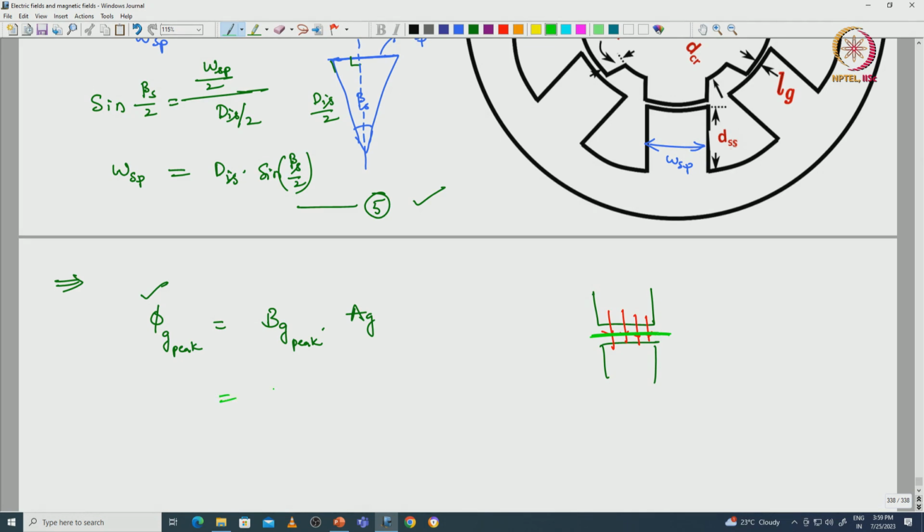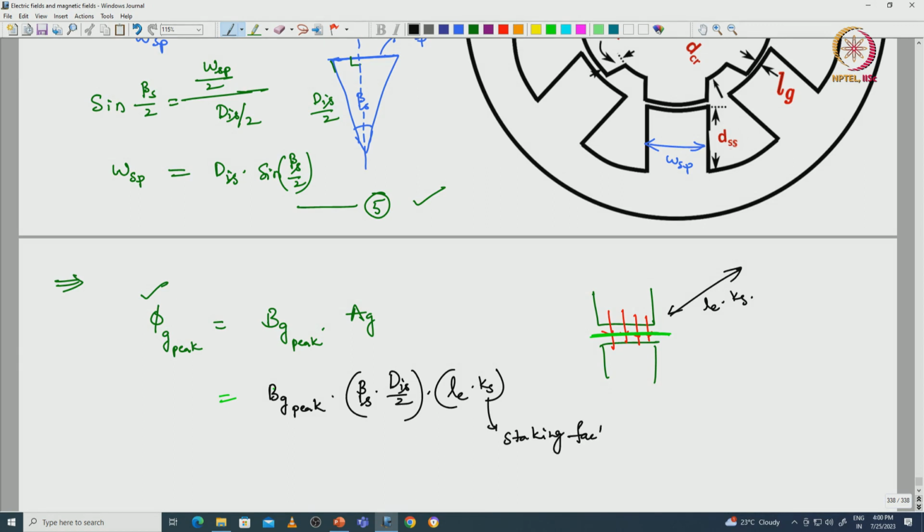It is equal to Bg peak into Ag, which is the arc length, that is beta s into DIS by 2, times the y axis length, which is Le into Ks. So this side length is Le into Ks, where Ks is the steel stacking factor, and this arc length we are calculating with respect to beta s.